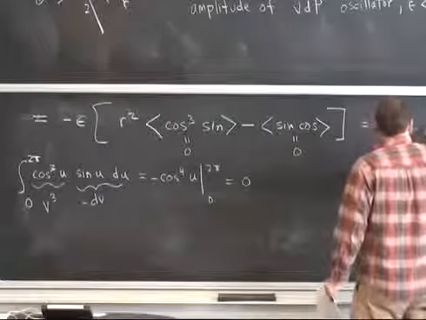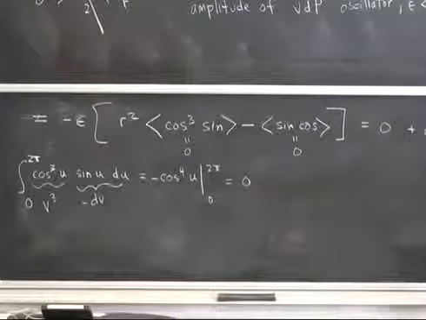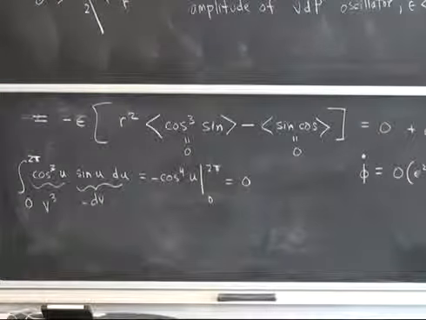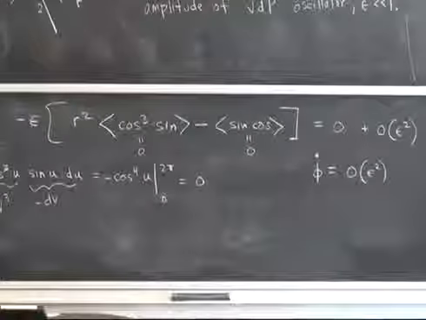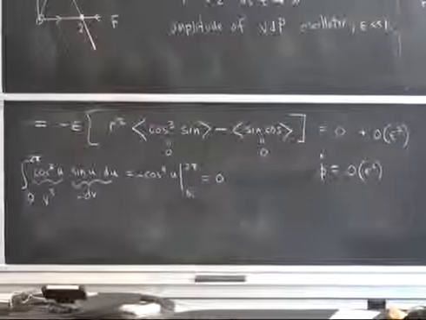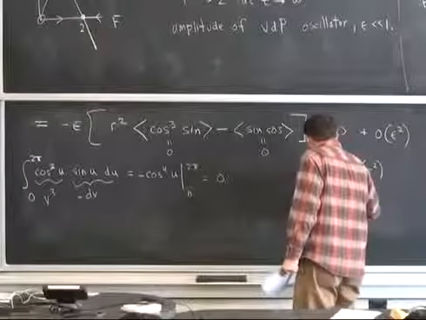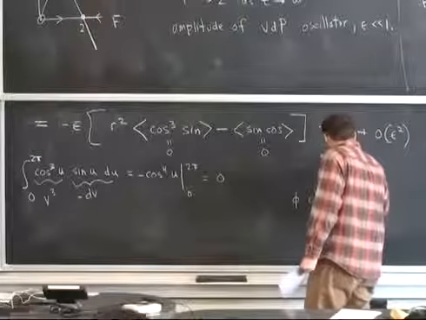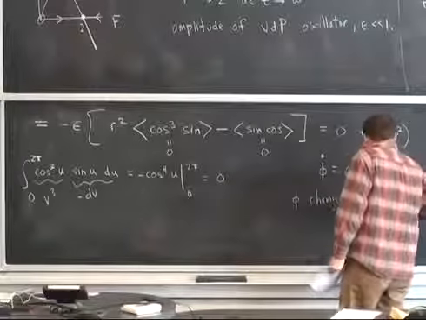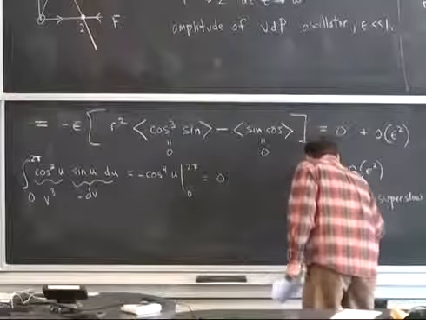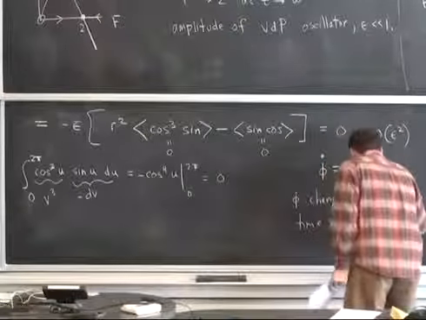Now maybe we should remember there is an order epsilon squared error in all that. So what did we conclude? That phi dot is order epsilon squared, which is interesting because it says, even though we knew initially that phi would change on the slow time scale, actually it changes on an even longer time scale, a super slow time scale, which is that phi is basically constant until you get to time scales of order 1 over epsilon squared, which are really enormous.